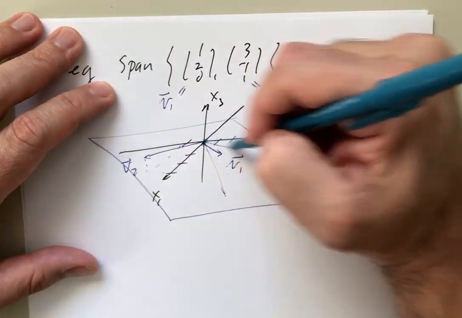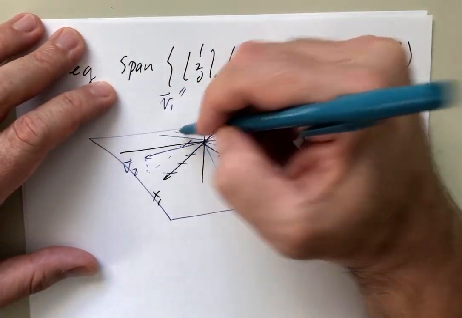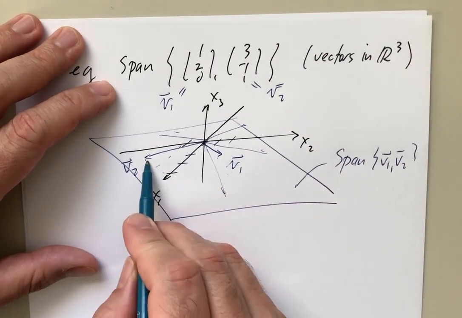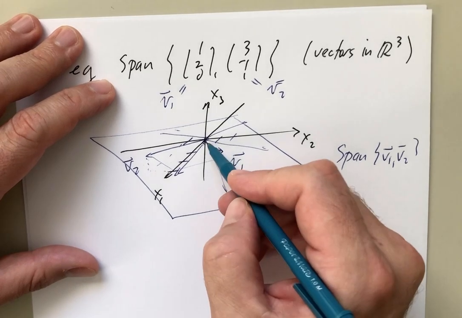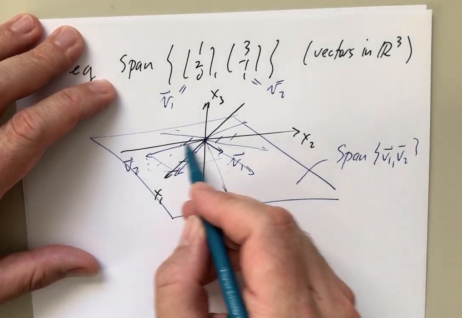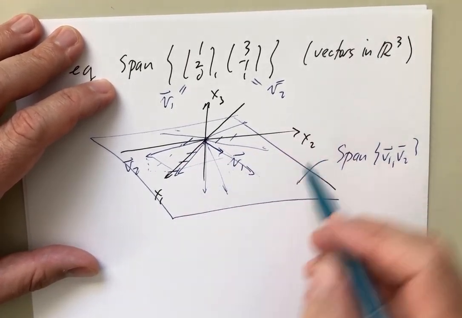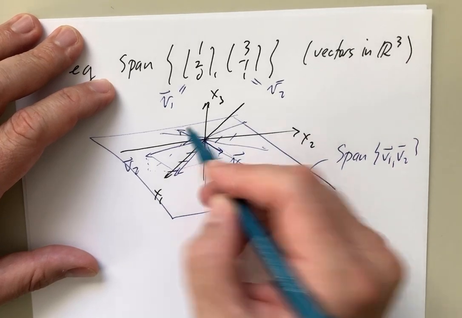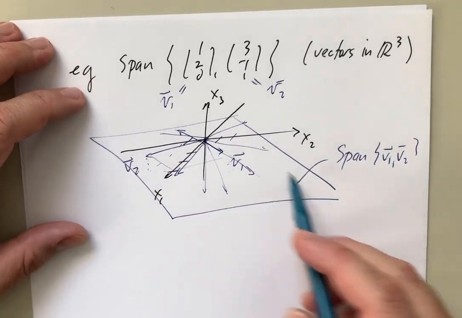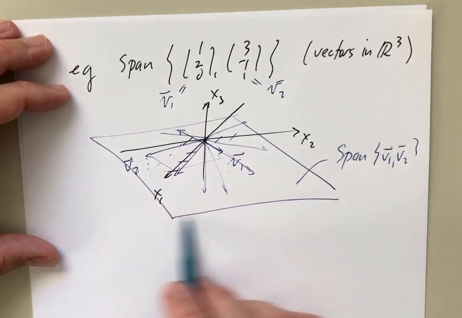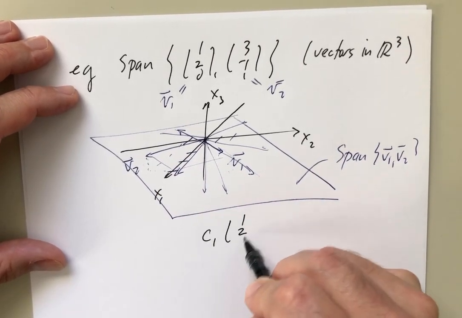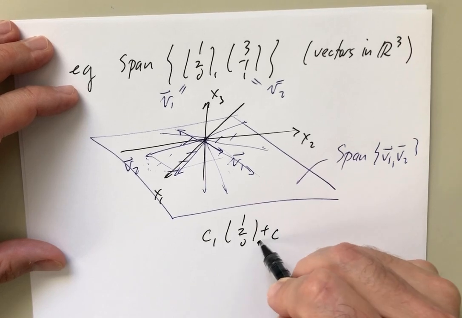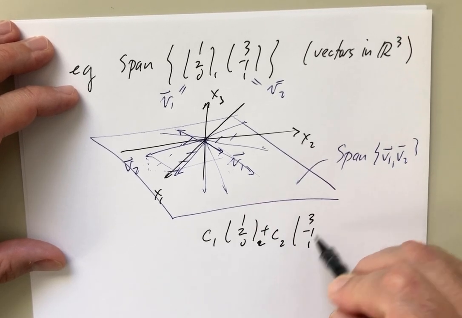So for instance, v1 plus v2 would be something like this. I could also take 2v1, and then 2v1 plus v2 would be something like this. I could take minus v1. It's an infinite collection. I'm not going to be able to draw this, but all those vectors I get as linear combinations, all of these things of the form c1 times 1, 2, 0, plus c2 times 3, minus 1, 1.